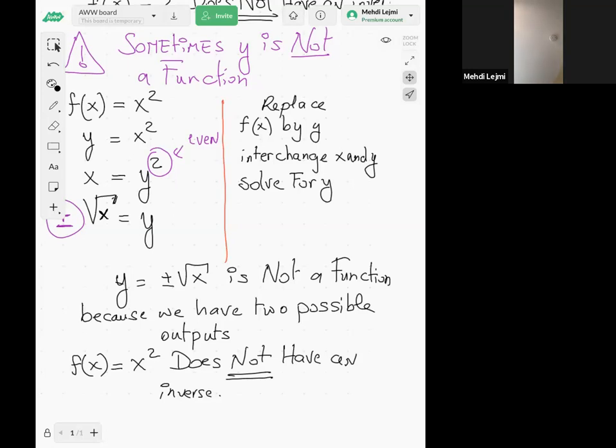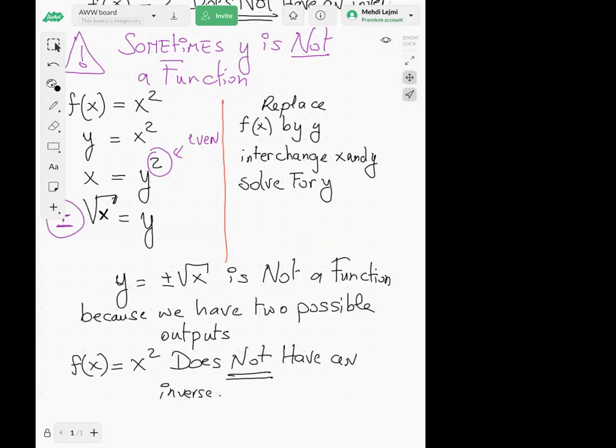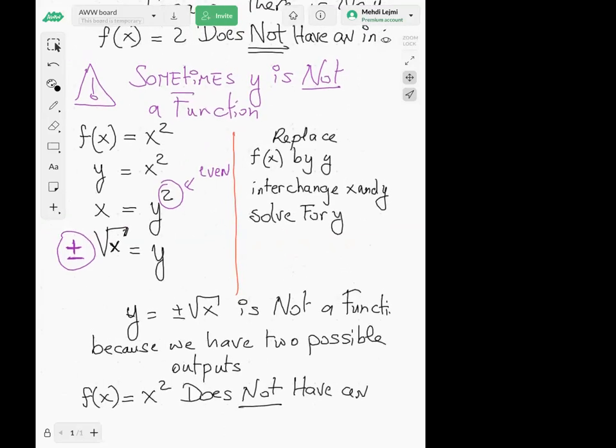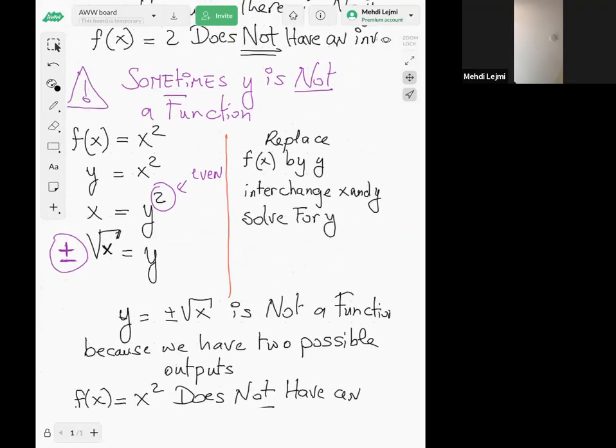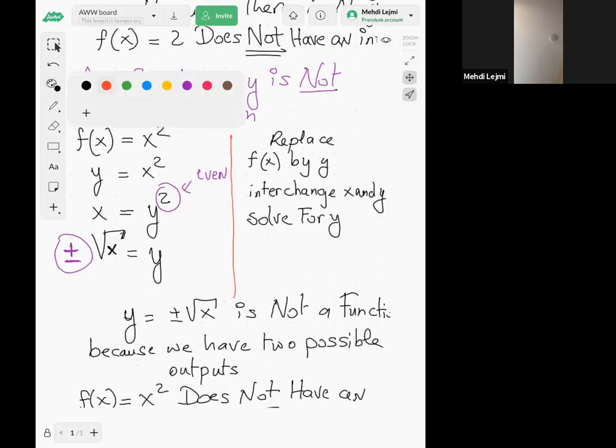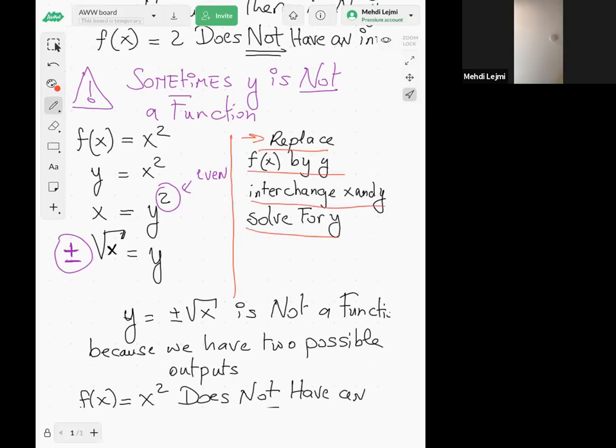Is there any question, guys, about these steps, about these examples? So that means that we can use two different methods? No, it's the same method. The steps are the same: you replace f of x by y, you interchange x and y, and then you solve for y.